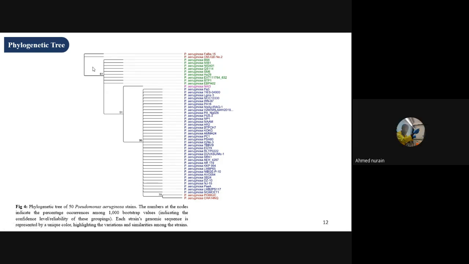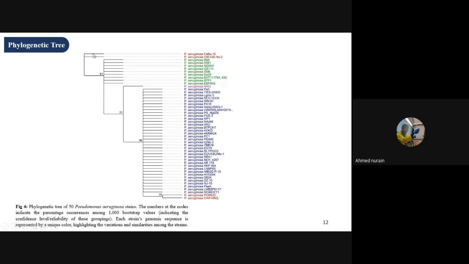These branches are supported by significant bootstrap values. As you can see here, we have 61, 51, 96, and 78 to ensure the reliability and confidence level of this grouping. So there is actually a considerable genetic diversity among this larger group.